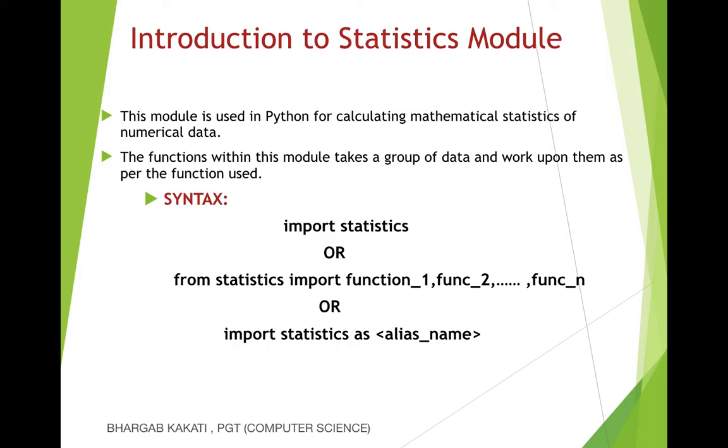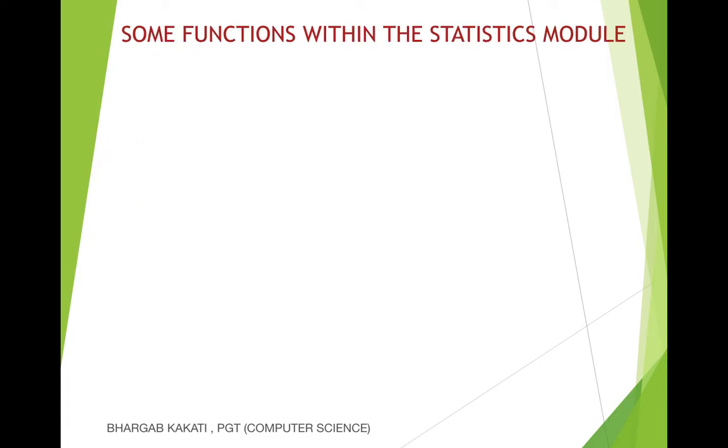For example, if I write import statistics as s, then for calling each and every function of the module statistics, we need to write s. That means the word statistics will be replaced by s from now on if we follow the third syntax. So let's move on.